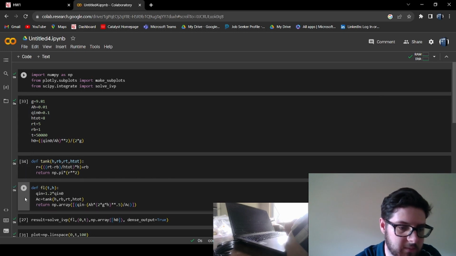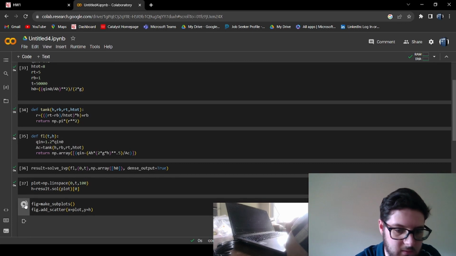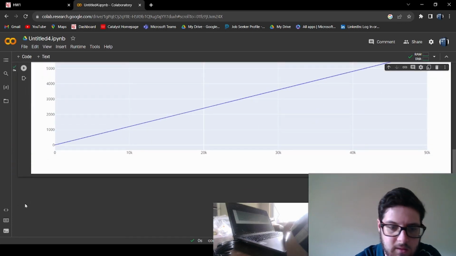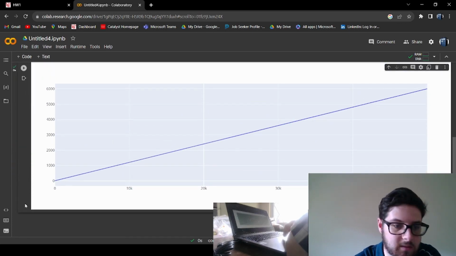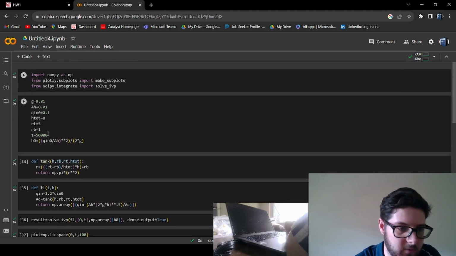Let's see what happens if I raise it to the power of 10. Does it stabilize? It still doesn't stabilize. The height just keeps going forever. That's 100% wrong.